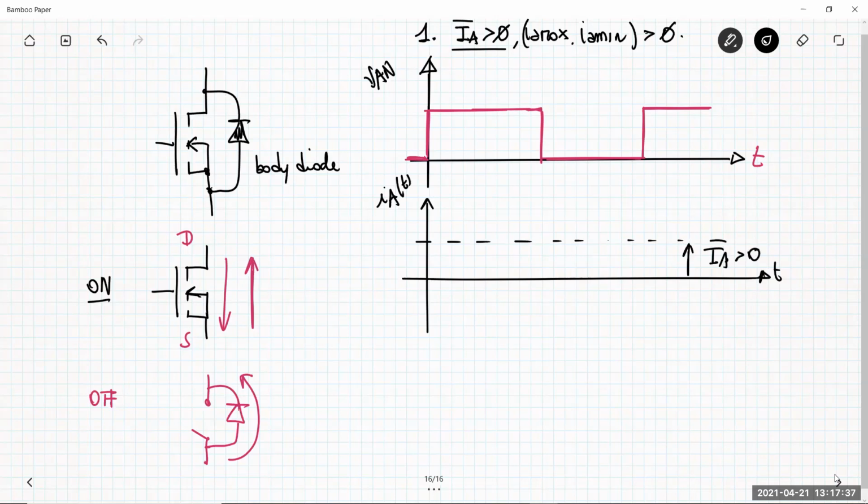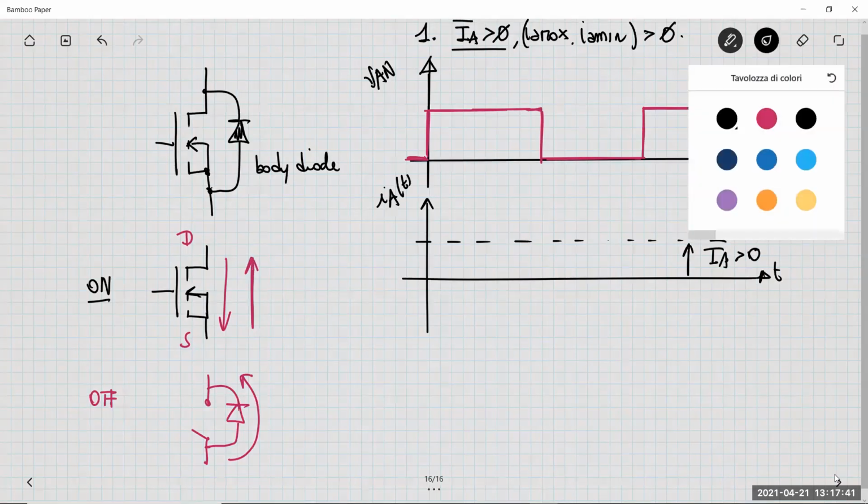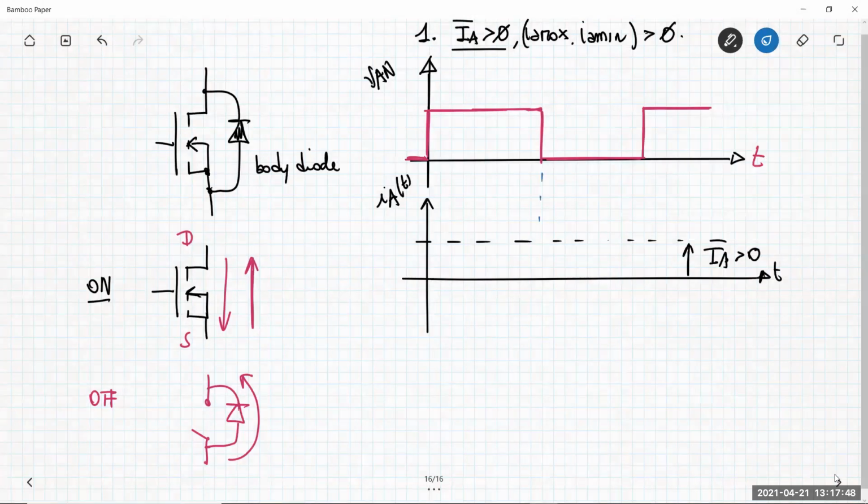And then I have the minimum and maximum value of the instantaneous current, which is also positive. So I have something which is, let's say, something like this.